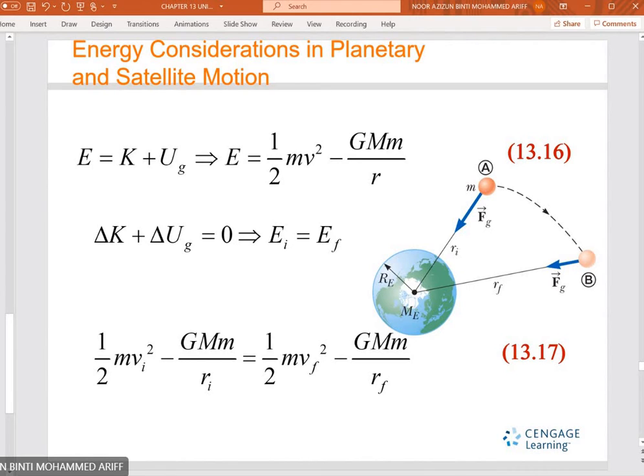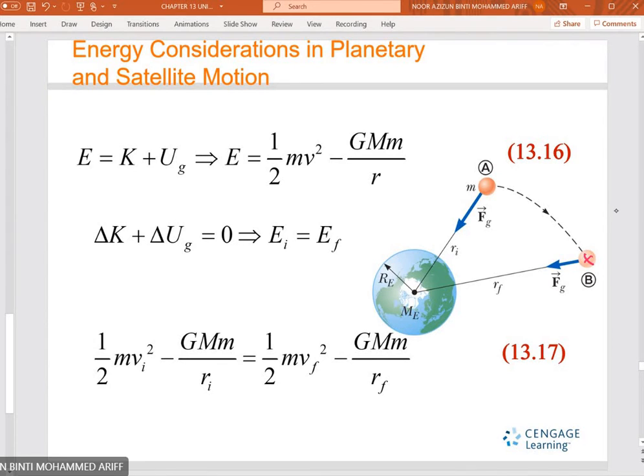So as I have this object at A, I can calculate the initial energy at point A for the gravitational energy and also the kinetic energy. Then as I move it to point B, where I have the final distance with respect to point B, and also the kinetic energy.